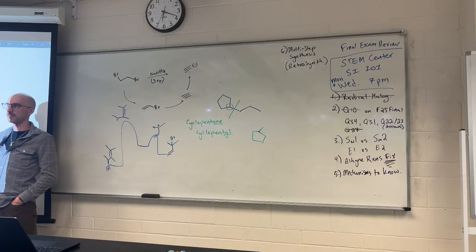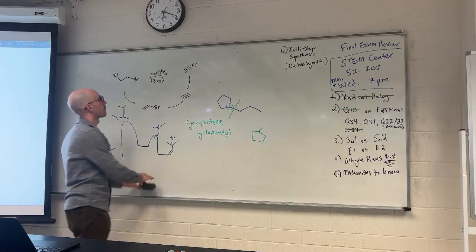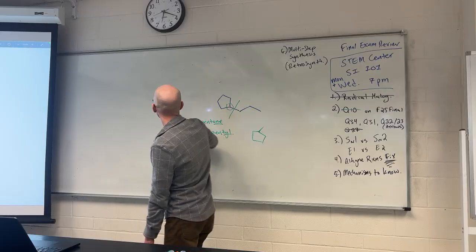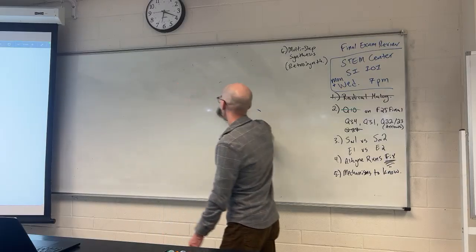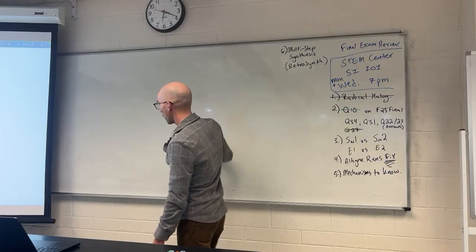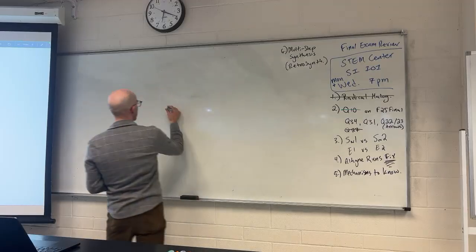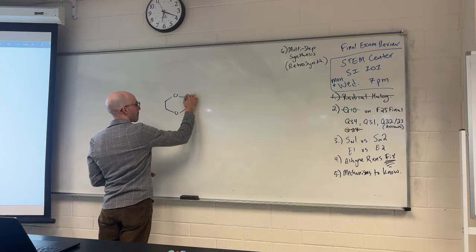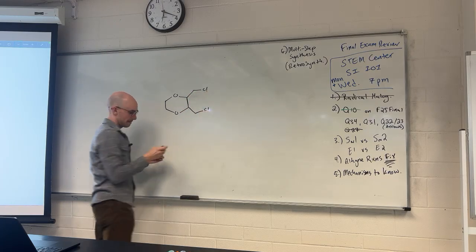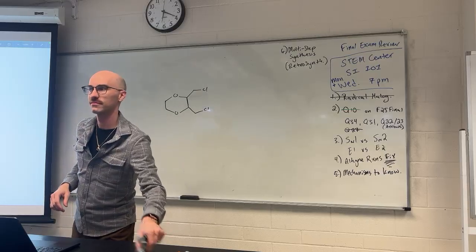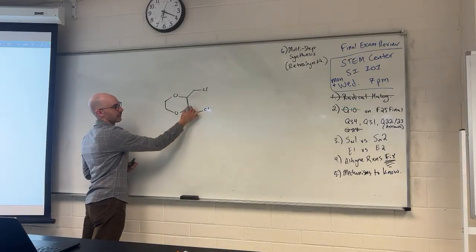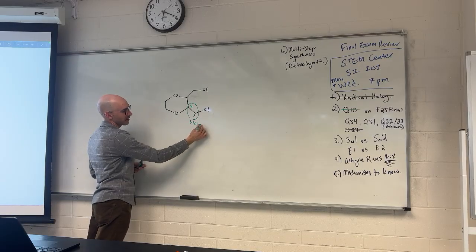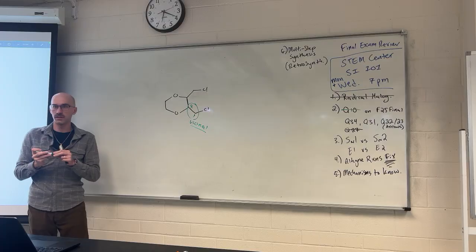Do you know what functional groups are in this final product? Ethers are in them. What else? Alkyl halides. And what is the structural relationship between the ethers and the alkyl halides? If they're 1,2 to each other, they're in the same vicinity, and we call them vicinal.